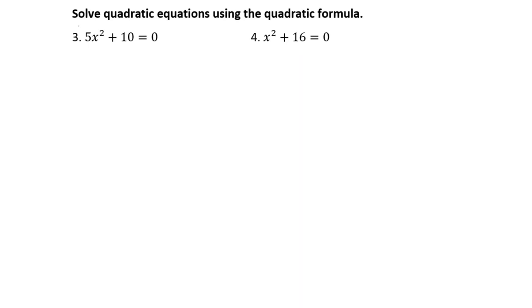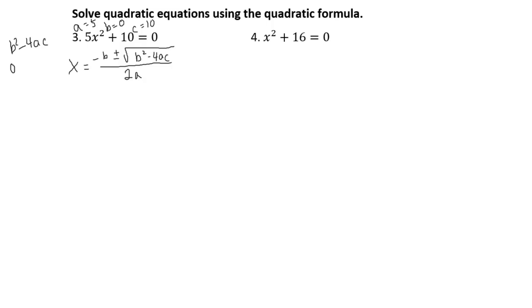All right, so here we can identify a as 5, b as 0, and c as 10. So x equals the opposite of b plus or minus square root of b squared minus 4ac, all over 2 times a. b squared minus 4ac is our discriminant.